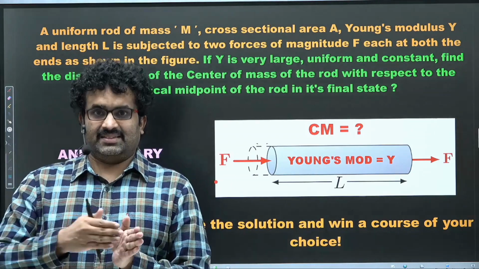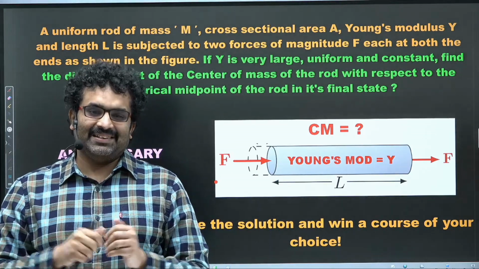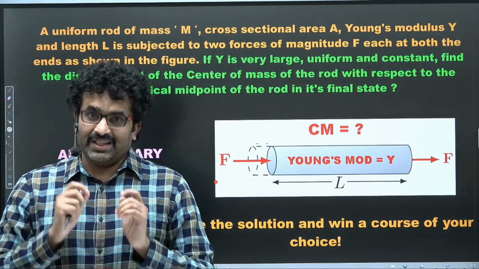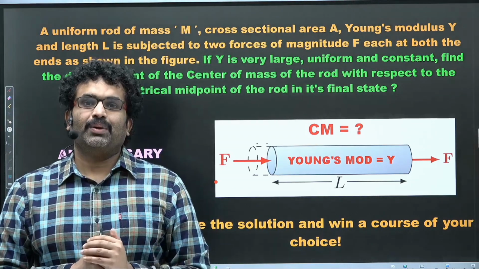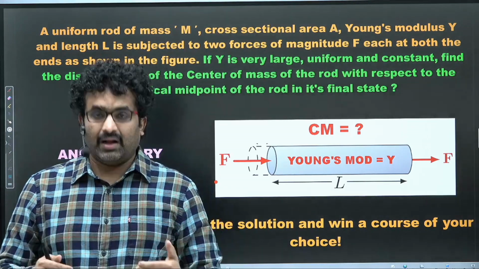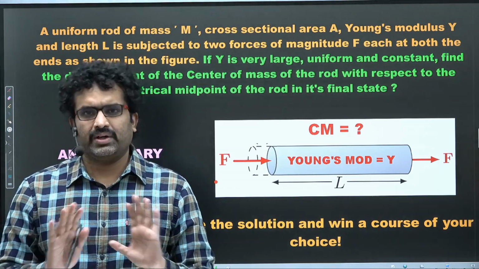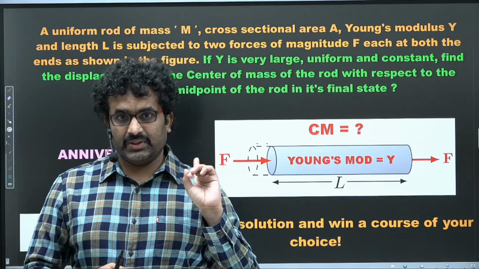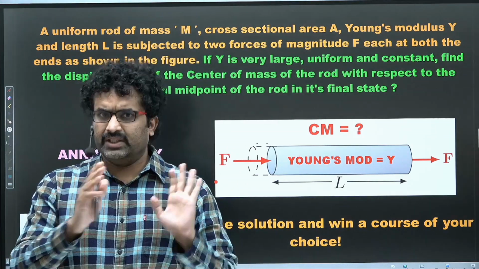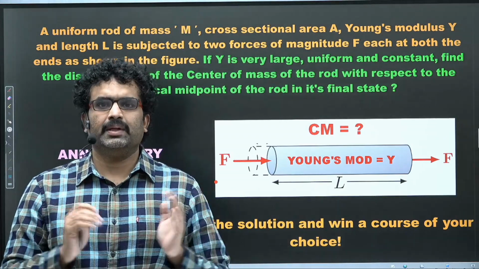But once the closing date of the contest came, I started receiving not only right solutions but very detailed, proper ones, and I had to keep on reading them. I couldn't finish all of them. Even now, I think there are 40 to 45 solutions that I have not yet read. But I had to release the solution. So in case you have written the correct solution, it will be there in the DM anyway. You just prompt me that you have done your solution right, and you will be eligible for the reward.